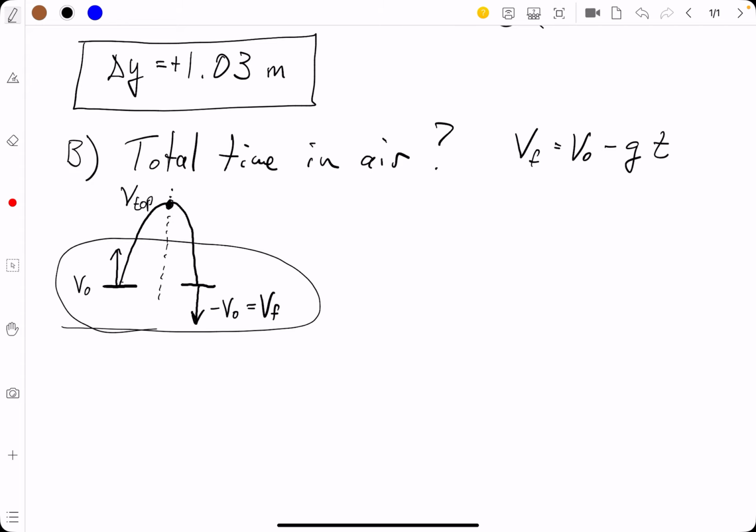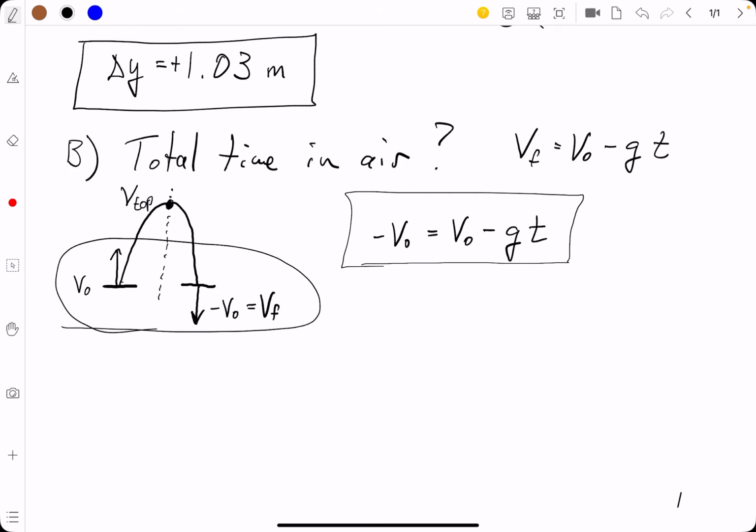Okay, we're going to use these guys this time. So just to show you, this is how it works. We're going to put our minus V naught here. We're going to say that that equals our positive V naught, and then we're going to be dividing out, or I'm sorry, doing this algebra. Okay, so this is the equation that we're going to work with, and then we don't have to do the 2 times, okay, because we're going V naught and minus V naught. And this should work. Okay, so let's do it.